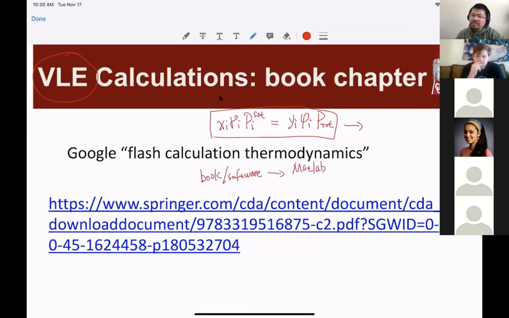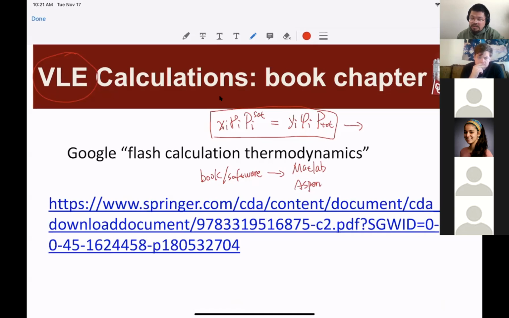That is actually a very expensive license if you have to purchase it by yourself or by a small company. But OU has a site license, so MATLAB is free to us. The other is, for example, Aspen.